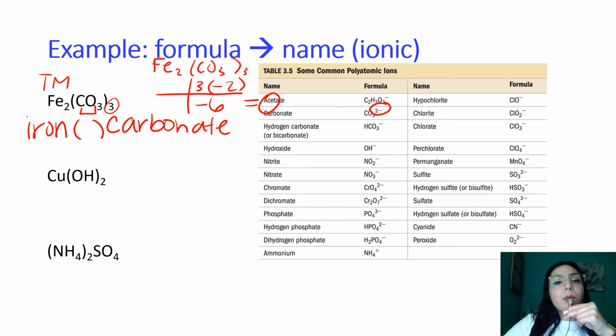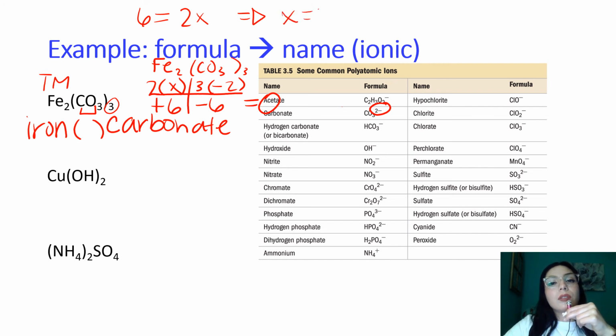And we know that we have a total of 2 irons. So essentially what we're doing is we're solving for x right here. And we know that for this -6 to cancel out, this side has to be +6. So if you want to set it up that way, 6 equals 2x. When you solve for that, x equals 3. So we know that iron is +3.